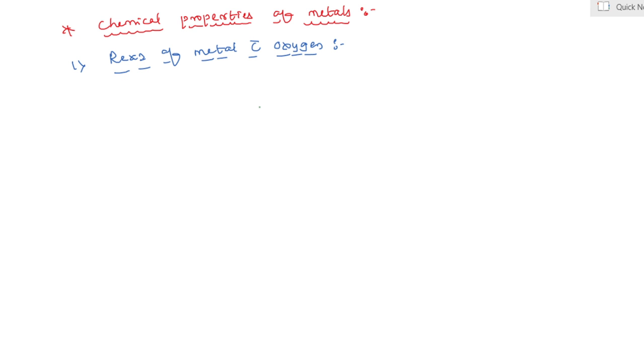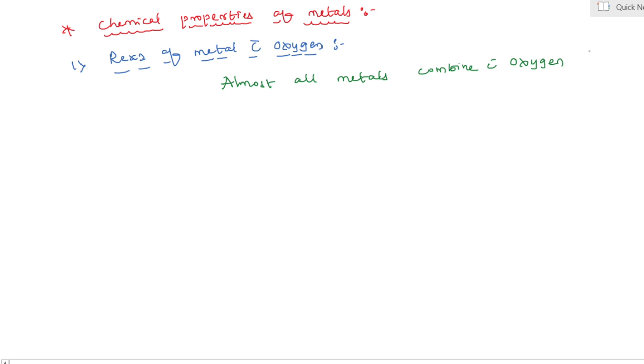Yes, my dear students, almost all metals combine with oxygen to form metal oxides. Listen carefully. Here, almost all metals combine with oxygen, present where? In the air. Okay, to form metal oxides.